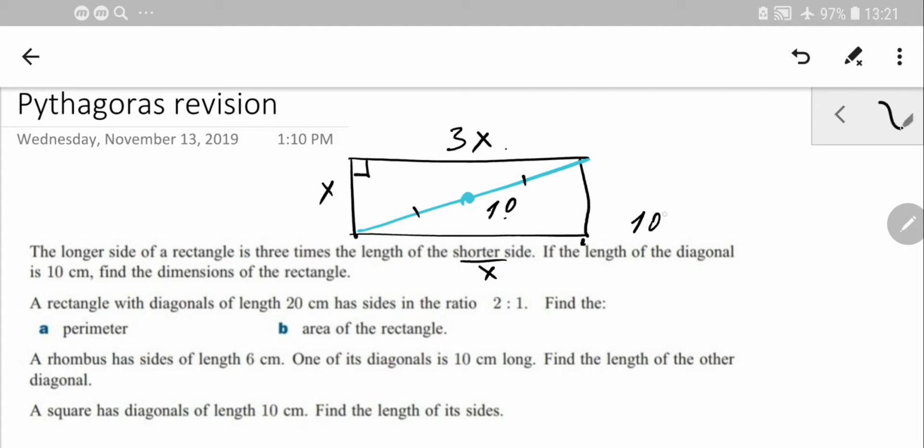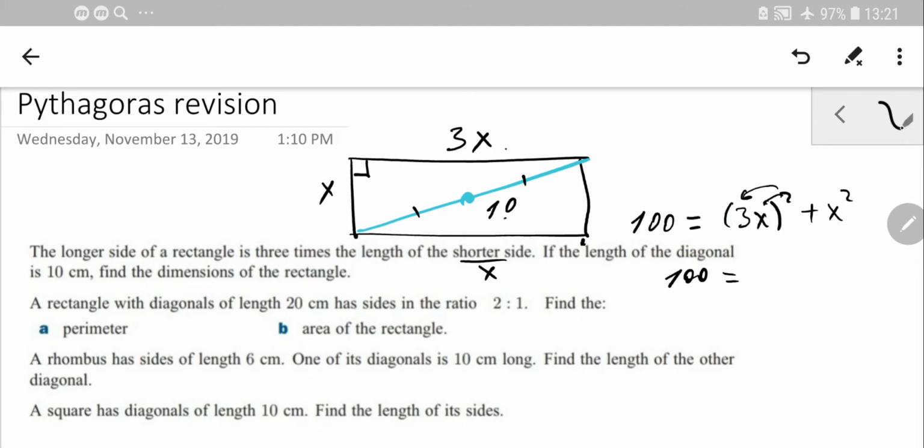Alright, so the hypotenuse is 10 squared, which is 100, equals 3x squared plus x squared. So in total we'll have 100 equals, so the 2 goes everywhere, to the 3 and the x.